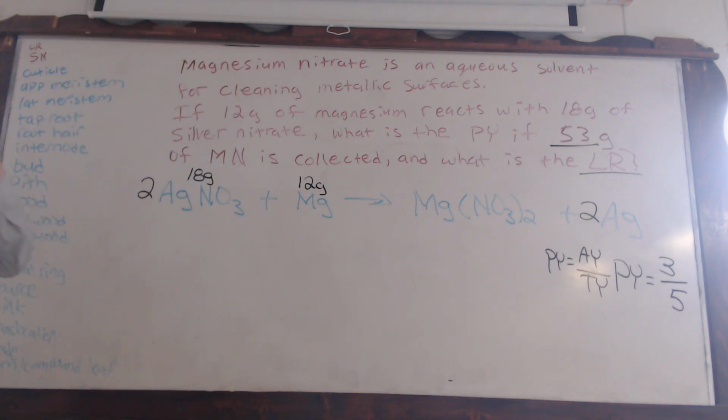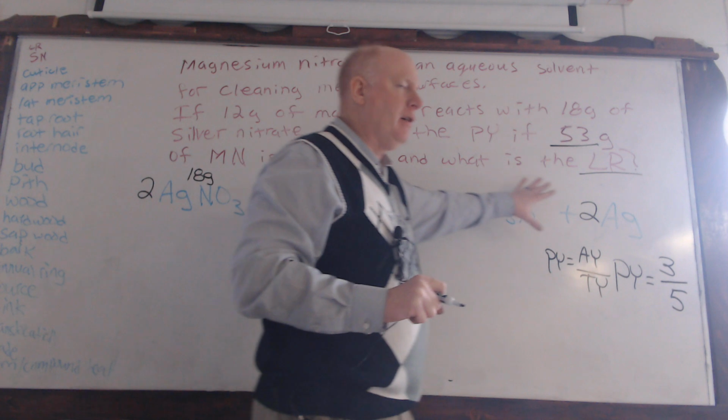Actual yield is what you actually did with your mind and your hands over in the lab by dumping a few things together. That's an actual yield. Okay, so we need to change this to either moles or look for a substance over here.